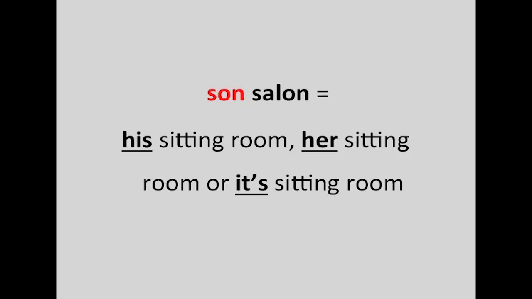In English, it's very clear that the sitting room belongs to a female because of the possessive adjective her. In French, such an indication is not available. So, in this sentence, son salon can mean his sitting room, her sitting room or its sitting room. It is the context that will indicate to whom the sitting room belongs.